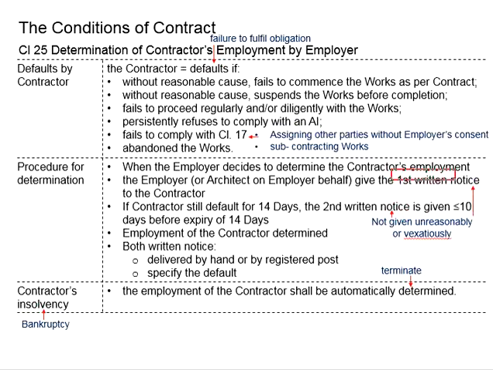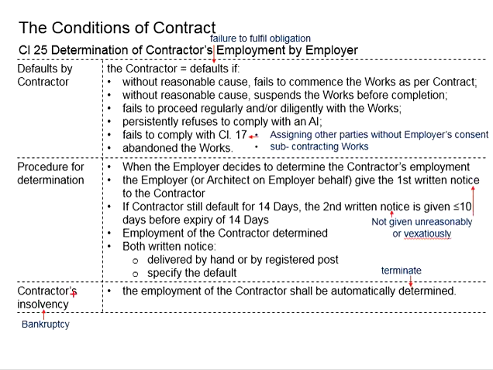Now, both of these written notices will need to be delivered by hand or by registered post. Make sure that the contractor is well informed of his status, and the default by the contractor should be clearly specified. Make known to the contractor what caused this determination process.